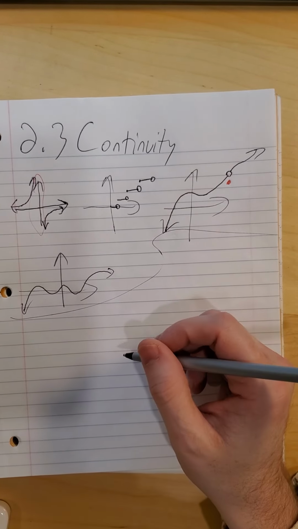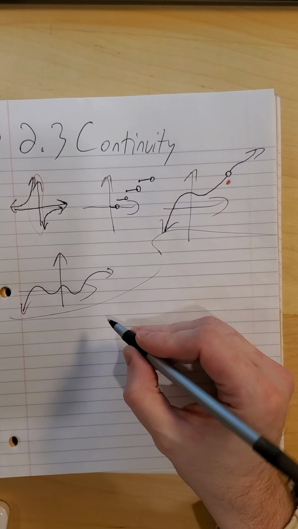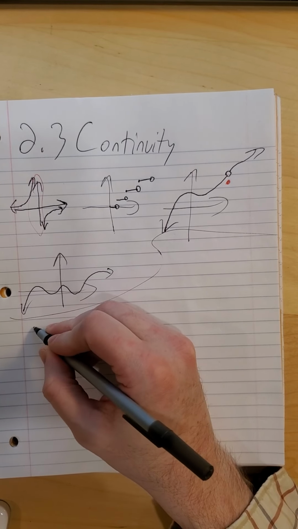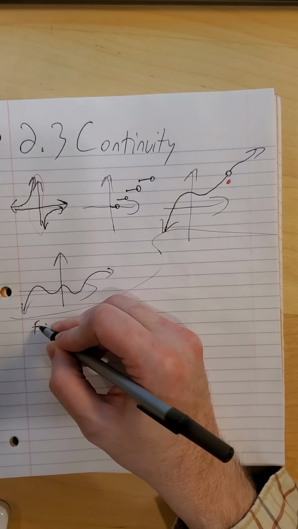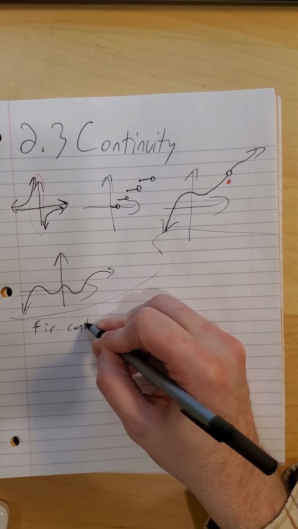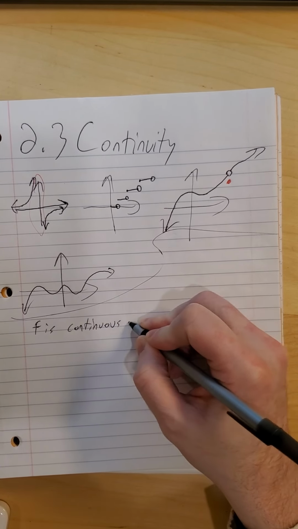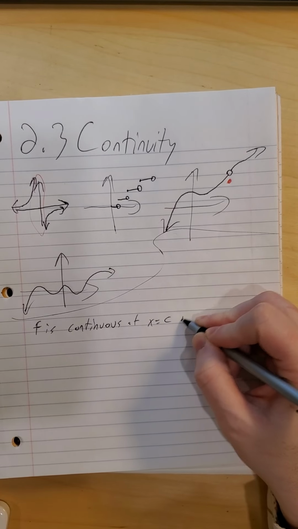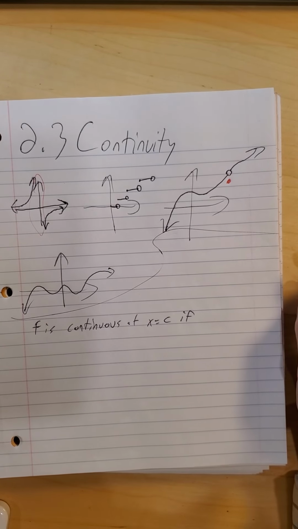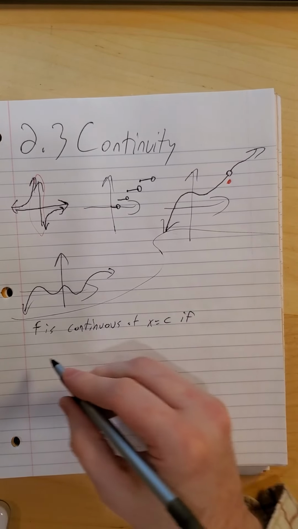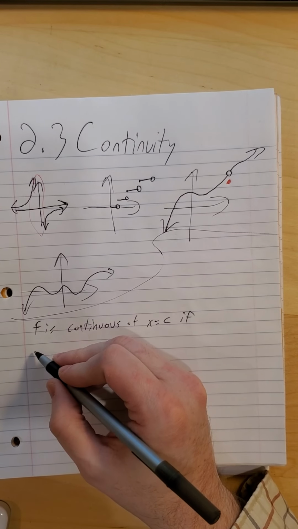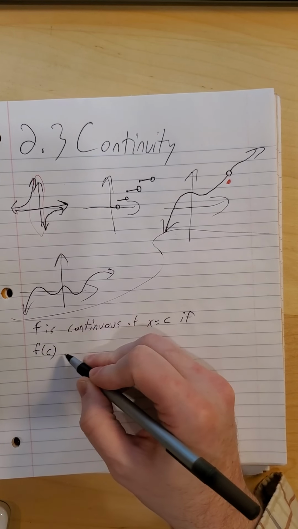Now, as far as what that looks like with a more formal definition, f is continuous at x equals c if we meet three conditions. f of c exists.